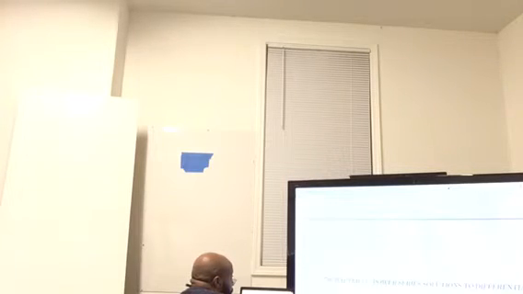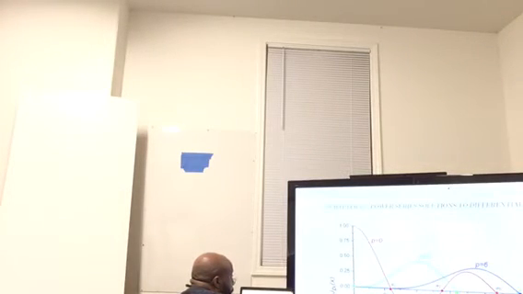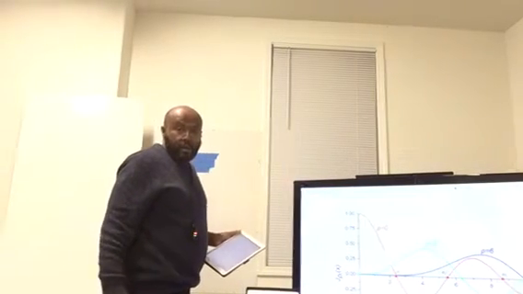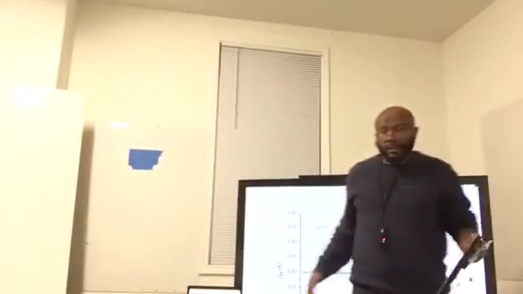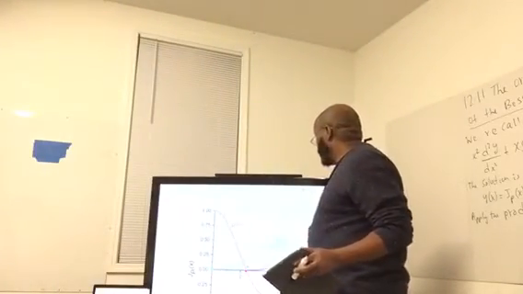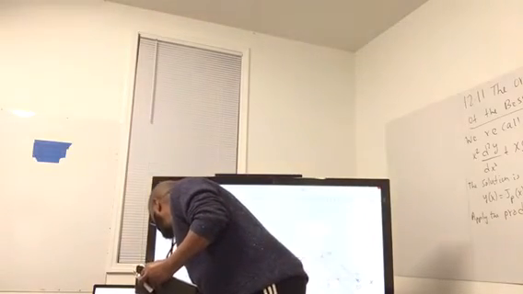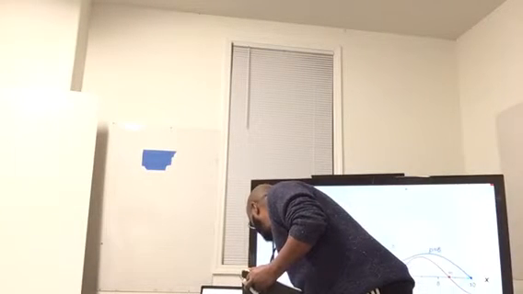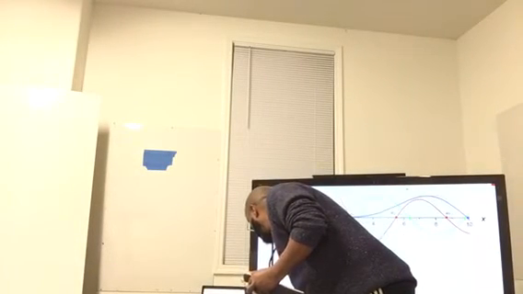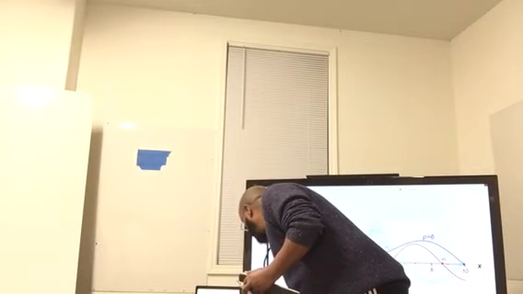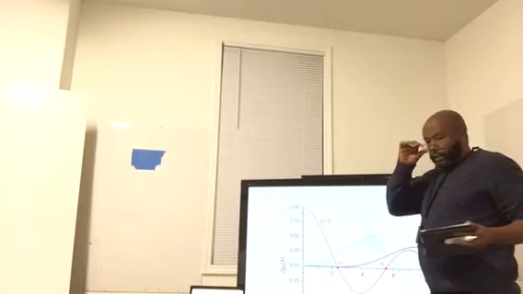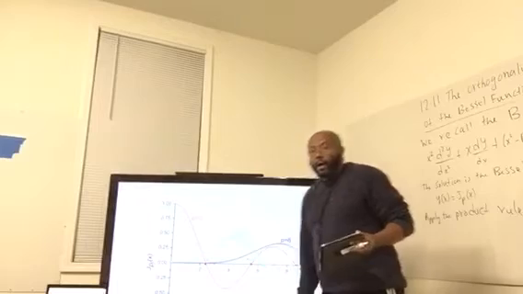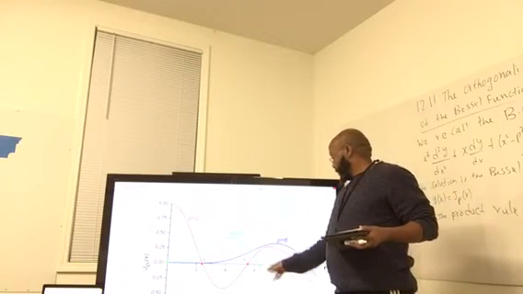So if you recall, this is the graph. I don't know if you can see it. This is on page 370, figure 12.10. This is the graph of J_p(x) versus x.